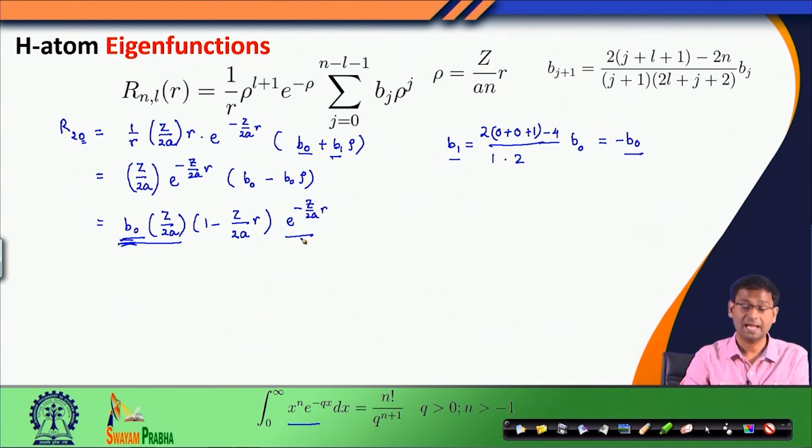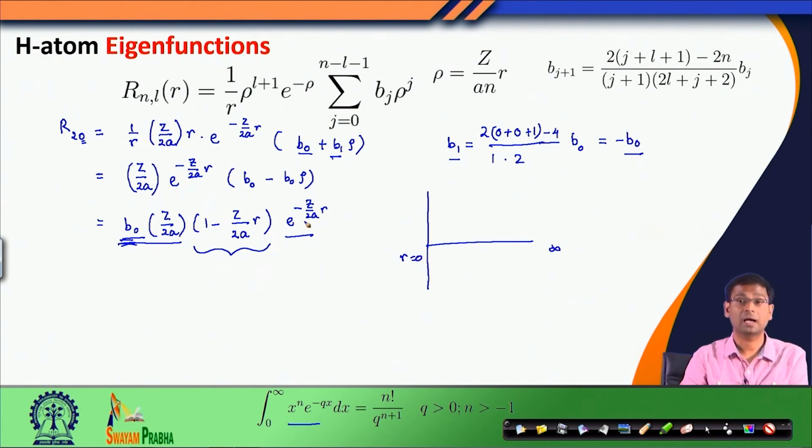Now, I look at this functional form of this 2s function. What do I see? I see an exponentially decaying function and a polynomial. So, if I draw now the function as r goes from 0 to a very large value, I would see that this would have been an exponentially decaying function, but it is multiplied by a polynomial where this term can become 0.